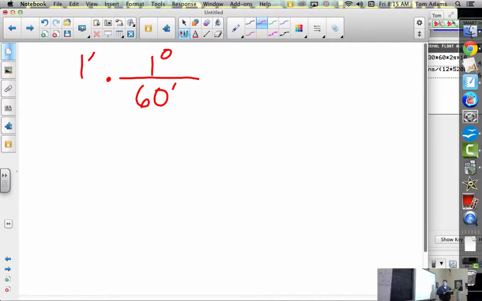Okay. Now, that's also equal to, in other words, I want to figure out how far this thing's supposed to be. And I want to get this measure in radians. So I want to convert to radians. So pi radians is equal to 180 degrees, right?